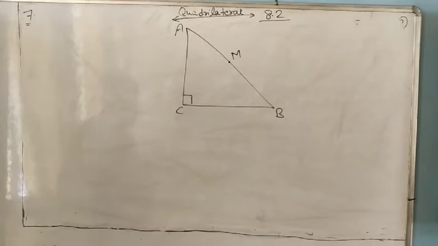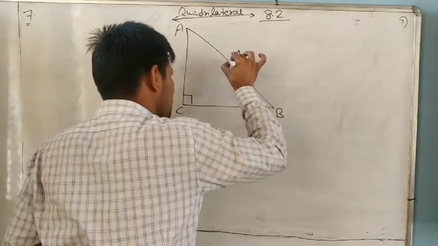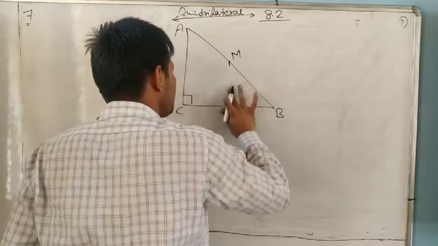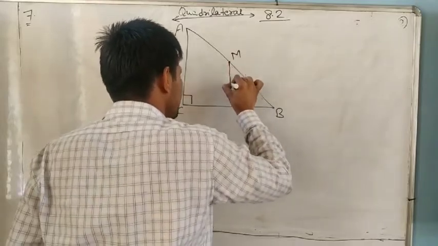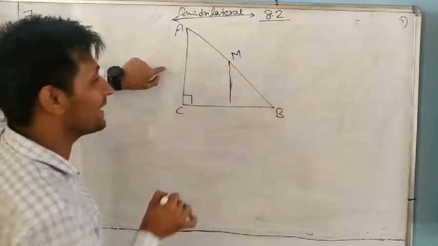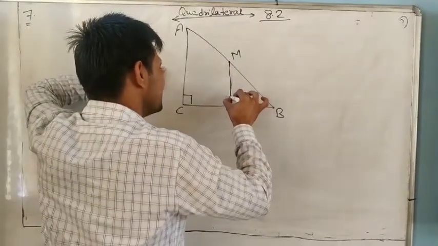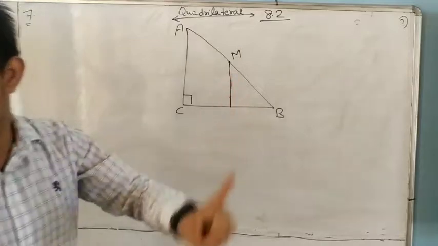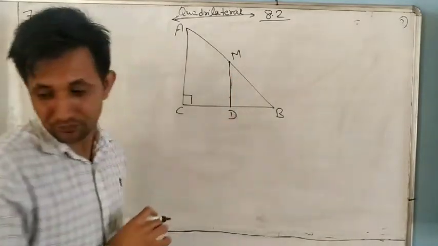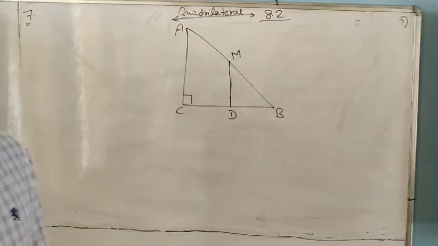A line through the midpoint M that is parallel to BC always bisects, by the converse of the midpoint theorem. Understand? It is point D, and parallel to BC, it intersects AC.